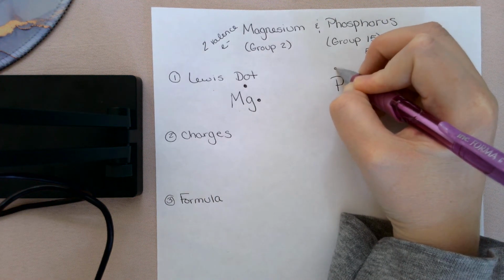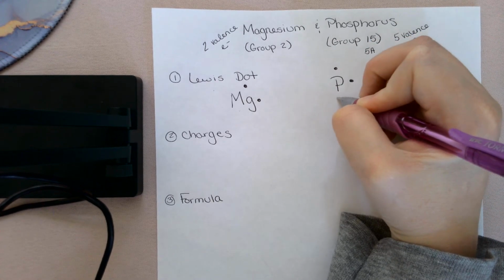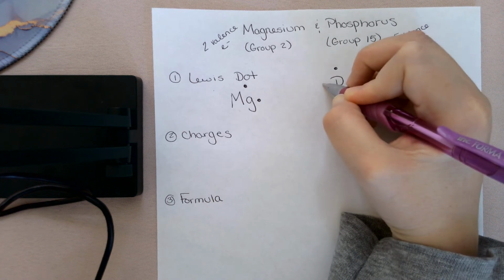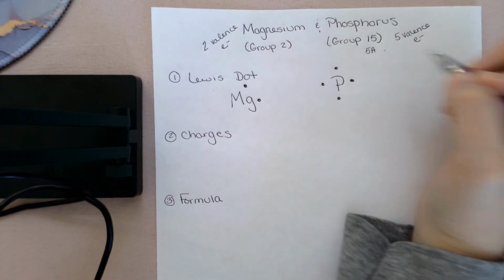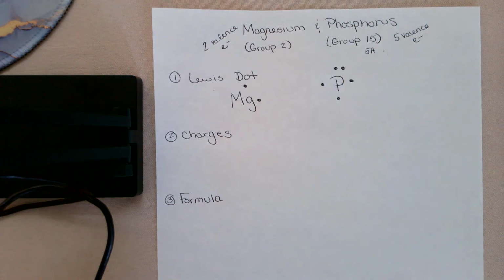So 1, 2, 3, 4, 5. Okay, 5 valence electrons. So there is our Lewis dot of phosphorus and our Lewis dot of magnesium.